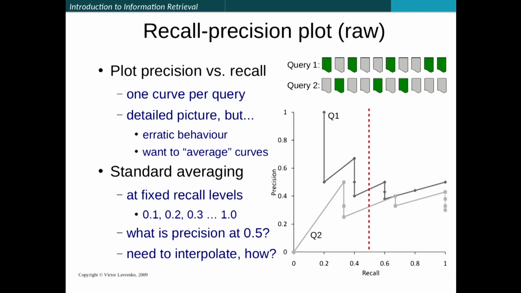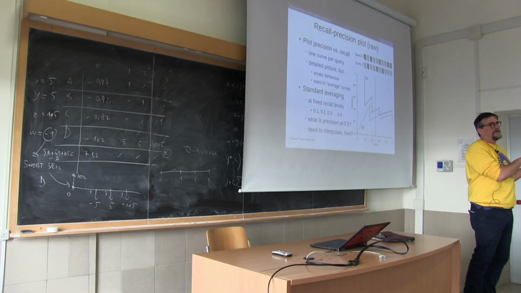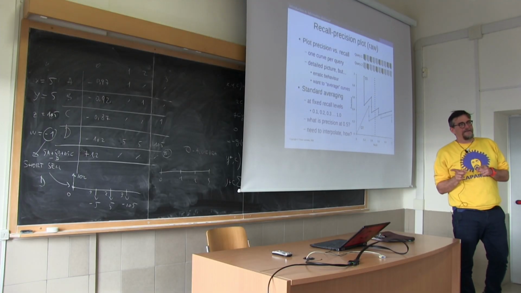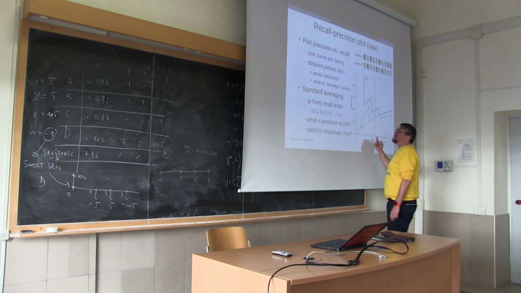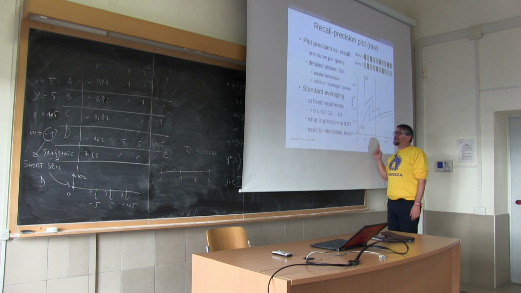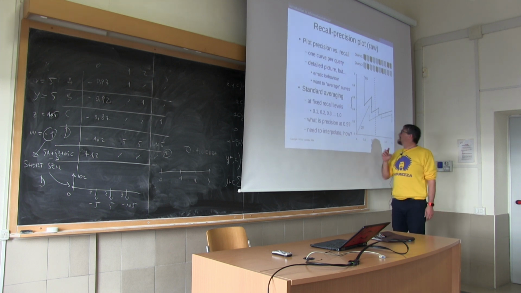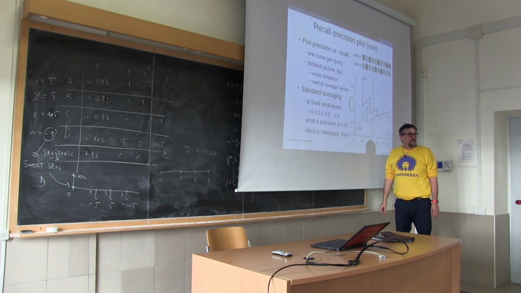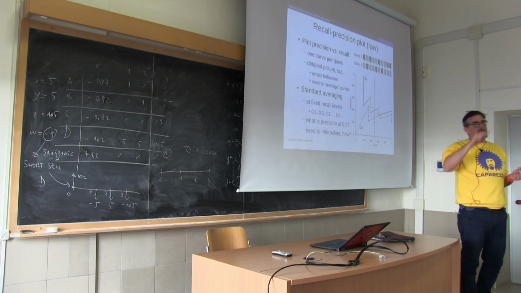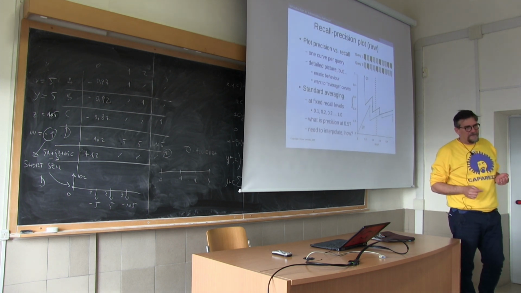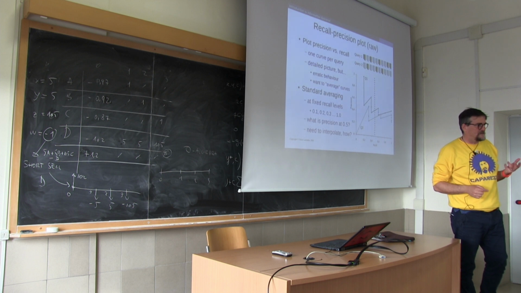How can I say whether one is better than the other? One point is the following. Clearly, we have those points according to the query we made and the ranked list provided back by the system. But as an example, let's observe here. What is, for those two systems, the precision at 0.5? There are no points here, right? So we need some kind of interpolation which allows us to build a continuous curve that allows us to compare the two systems.